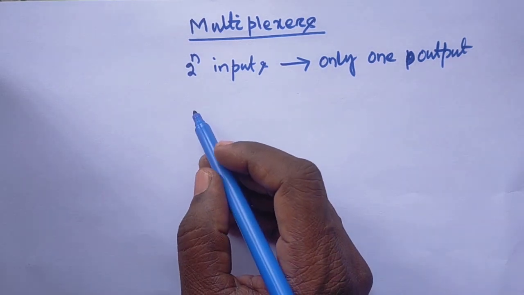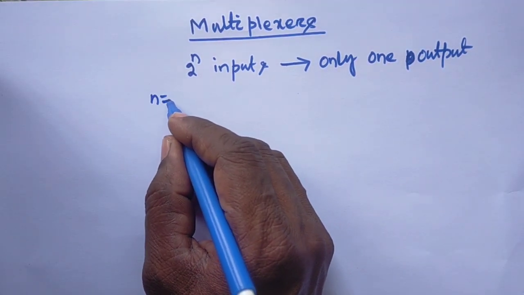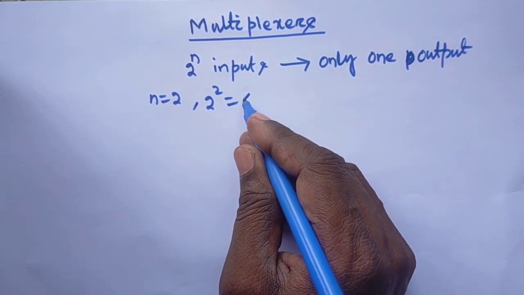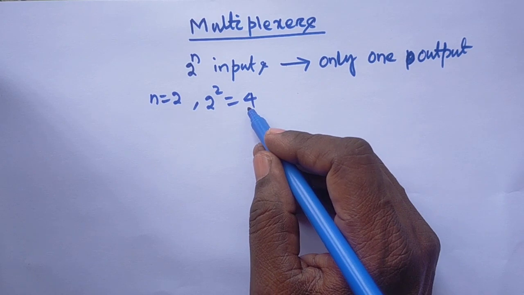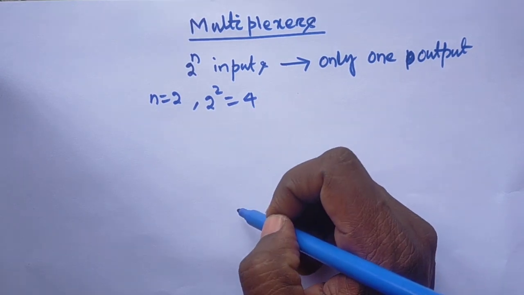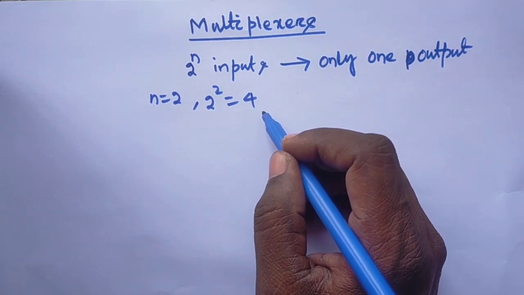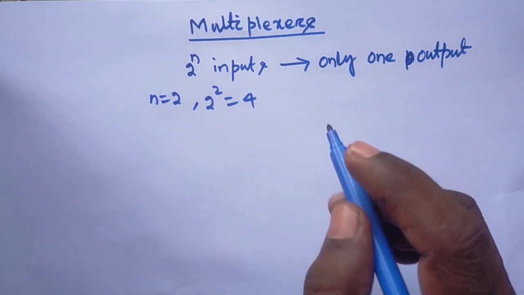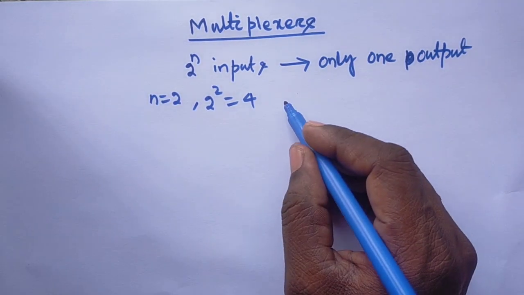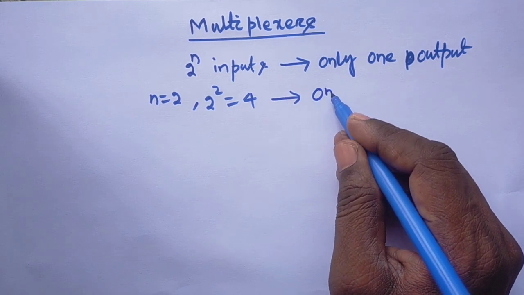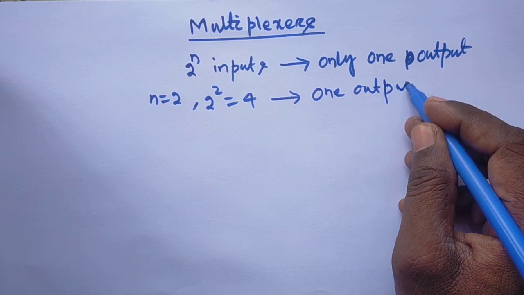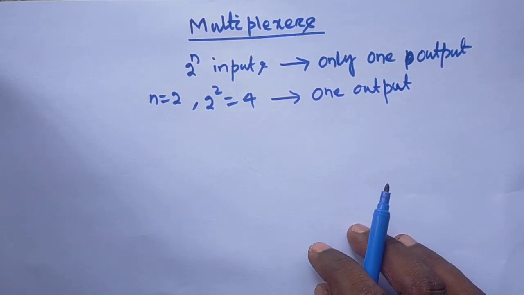For example, suppose n is equal to 2, then 2 to the power 2 is 4. That means 4 inputs are provided. Whenever 4 inputs are provided to the multiplexer, it will release only one output, because all multiplexers provide only one output.